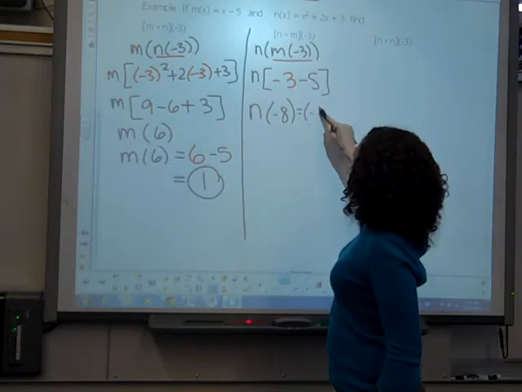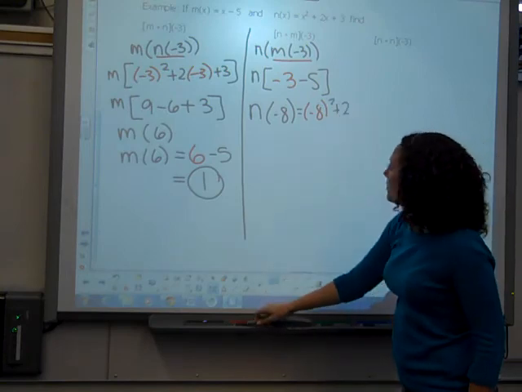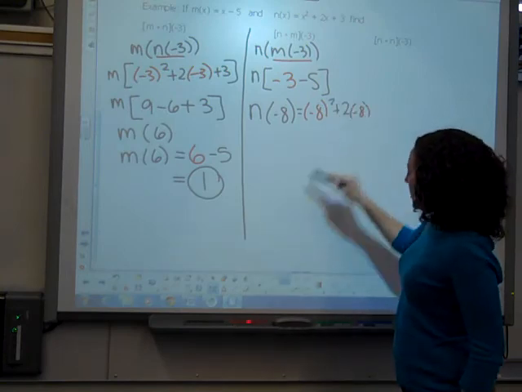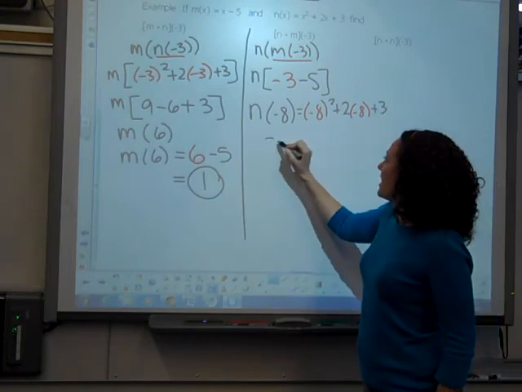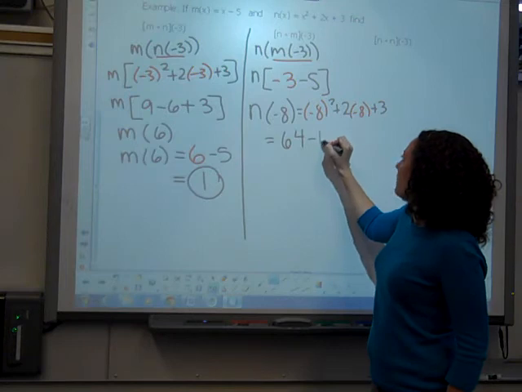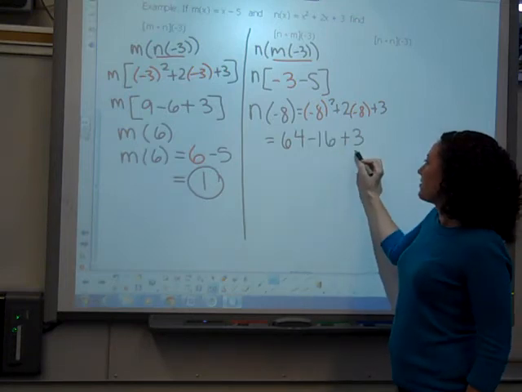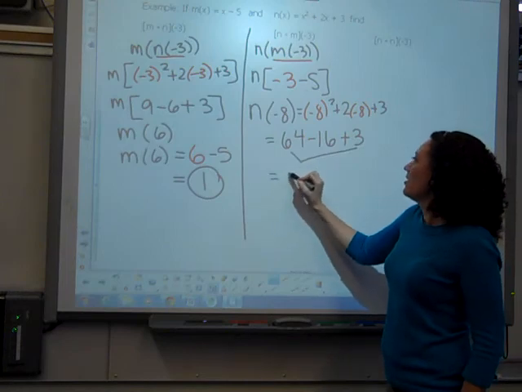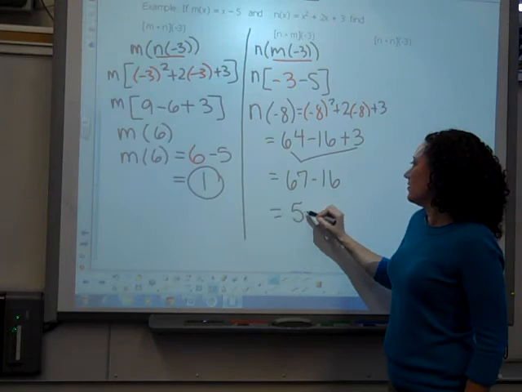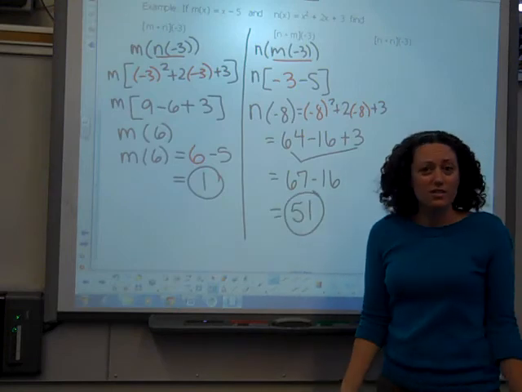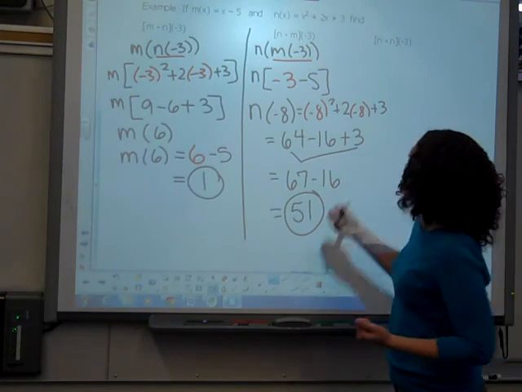So that's -8 squared plus 2 times -8 plus 3. So that's going to end up equaling 64 minus 16 plus 3. Let's see, sometimes I like doing the positives first because that helps me add easier. So that would be 67 minus 16, and we get 51. Wow, that wasn't even close to the same result. Here we got 1, here we got 51. The order really was important.